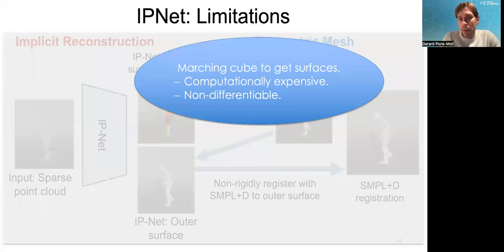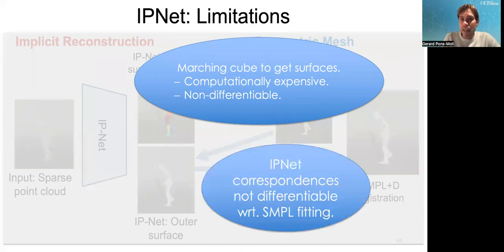The problems are that, to obtain these surfaces that I was showing, these intermediate results, you need to run marching cubes to transform an implicit representation into an explicit one. And this is computationally expensive, and it's a process that is non-differentiable. And essentially, the correspondences are not differentiable with respect to the fitting process, right?